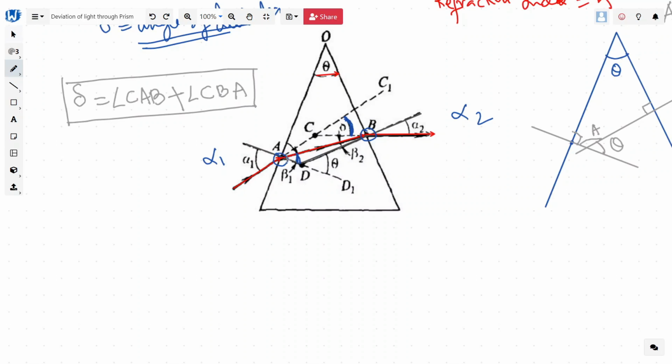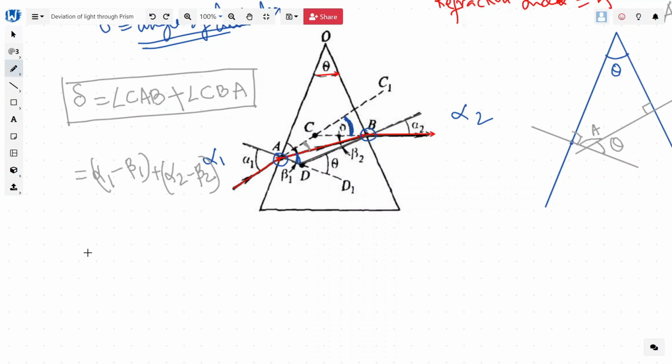Now angle CAB, this is our alpha 1, so by definition this is alpha 1, and if we subtract beta 1 from this, we'll get this angle. This is our CAB, so this is equal to alpha 1 minus beta 1. How about CBA? Again this is alpha 2, minus beta 2 will give CBA. So this is alpha 2 minus beta 2.